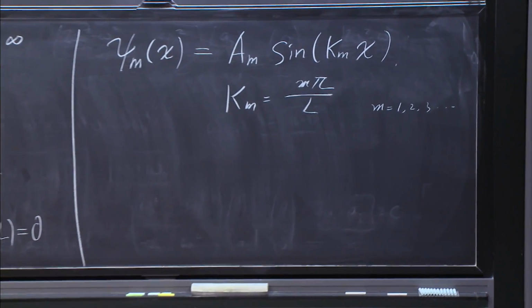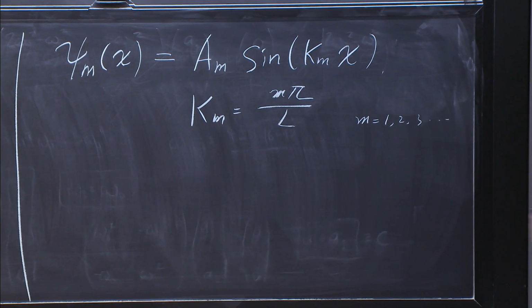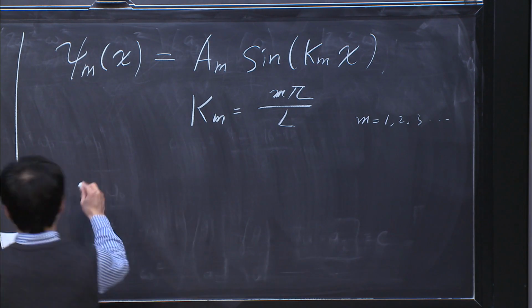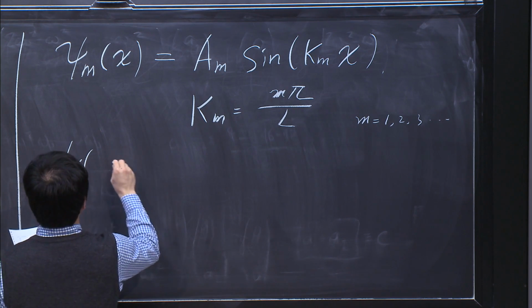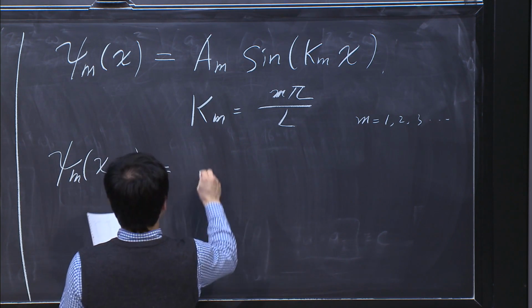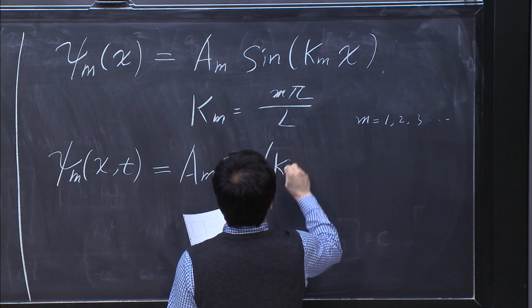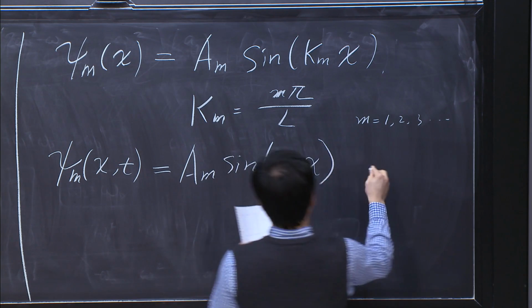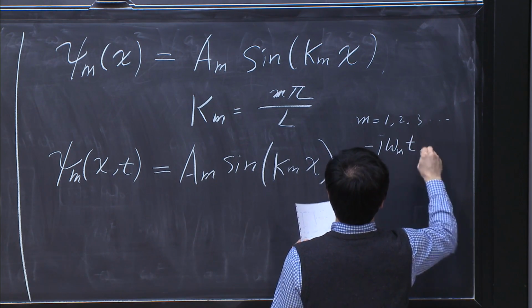By now you have learned all these practical calculations from the previous examples we had. Therefore, what would be psi_n(x) as a function of time? What I'm going to get is A sin(k_n x) exponential minus i omega_n t.